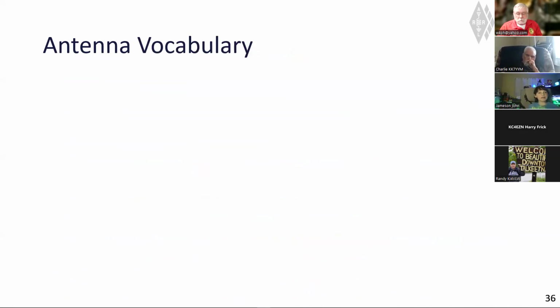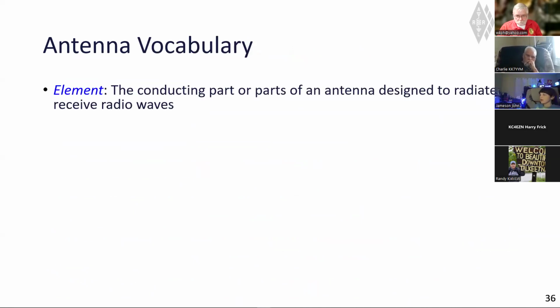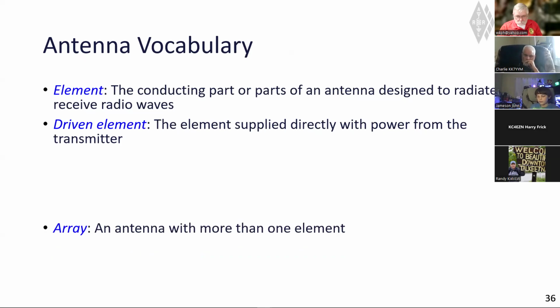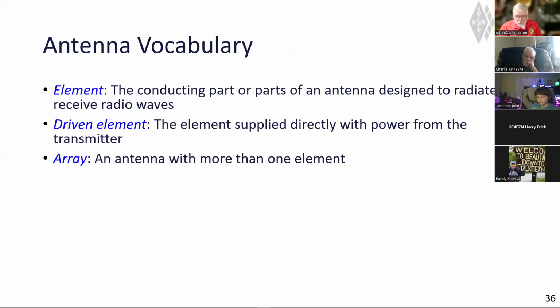Antenna vocabulary. Element, the conducting part or parts of an antenna designed to radiate or receive radio waves. Driven element, the element supplied directly with power from the transmitter. Array, an antenna with more than one element.